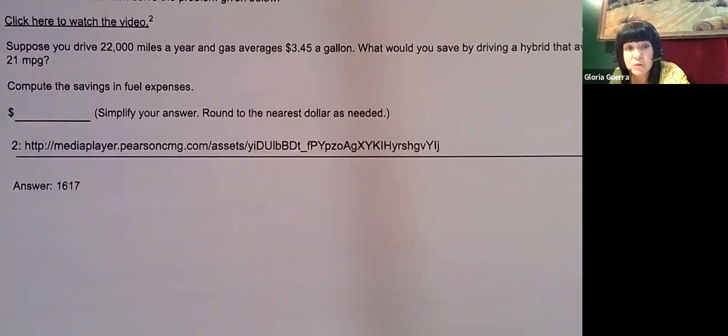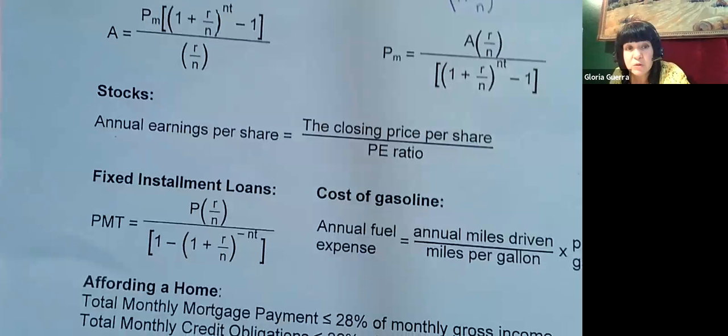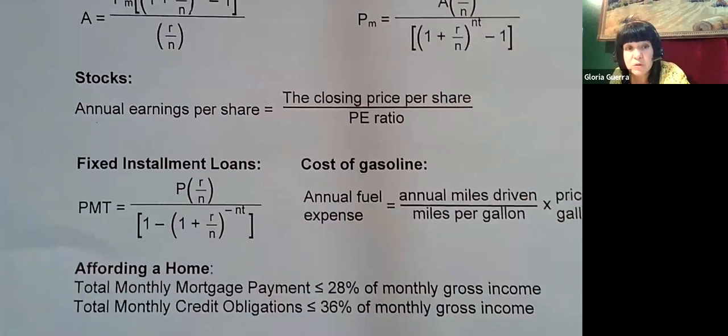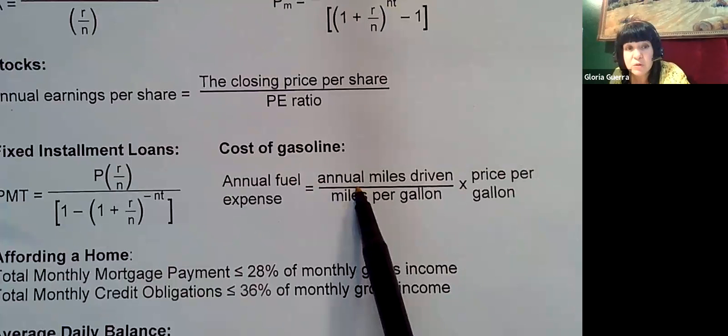Okay, so the formula you need for that, you go back to your sheet here. See this right here, cost of gasoline: annual fuel expense is equal to the annual miles driven divided by the miles per gallon, for the hybrid and the SUV.